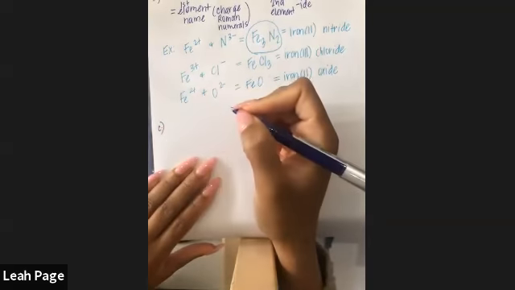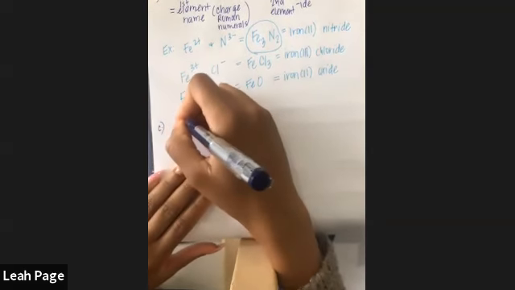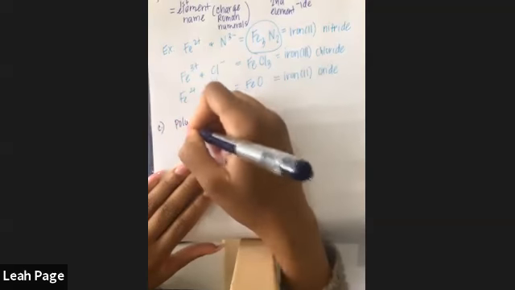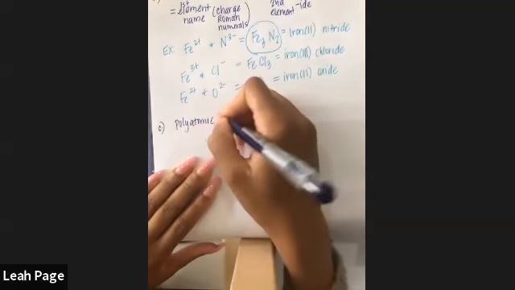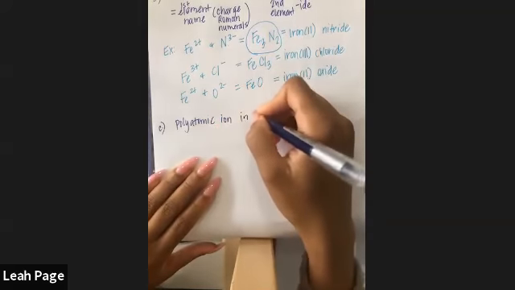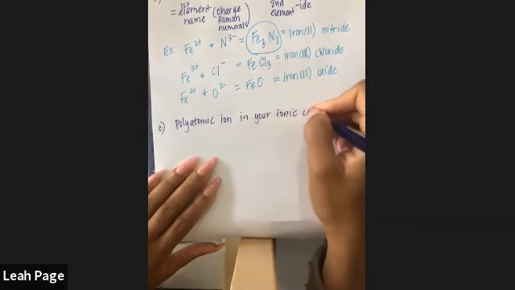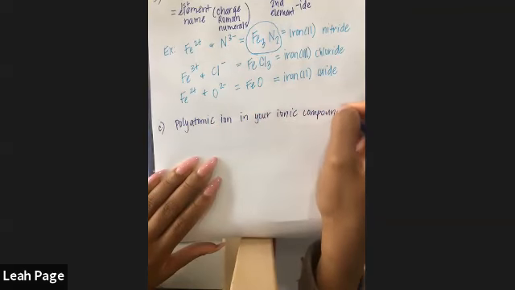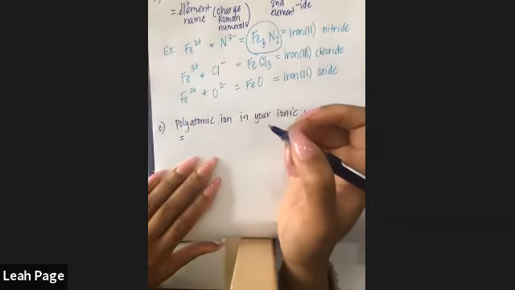So for instance, with the nitrate, whenever you're naming polyatomic ions, let's say your ionic compound contains a polyatomic ion. The way you name these, you just name the polyatomic ion wherever you see it.